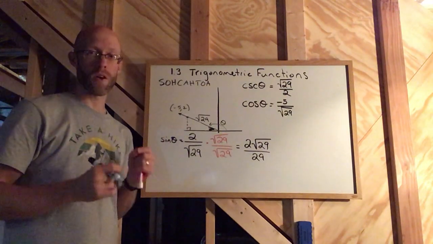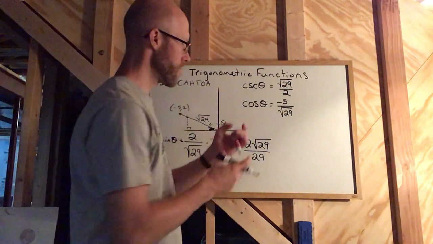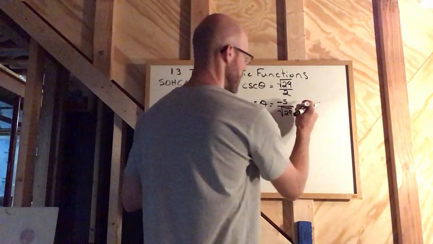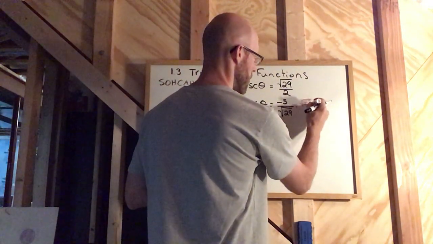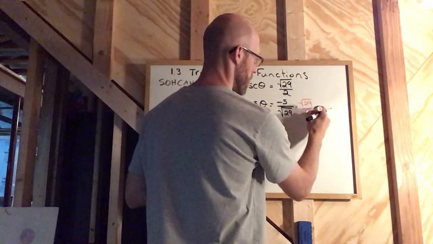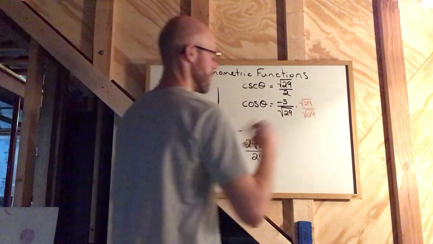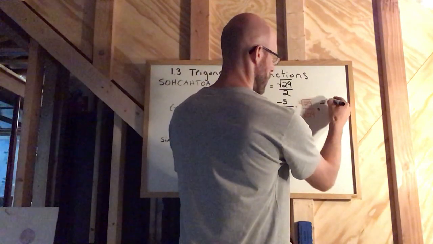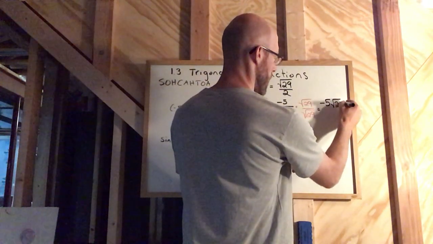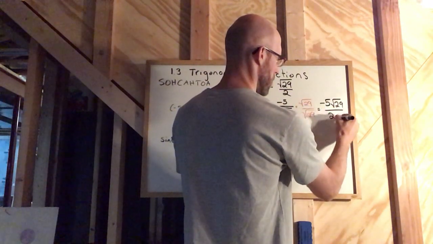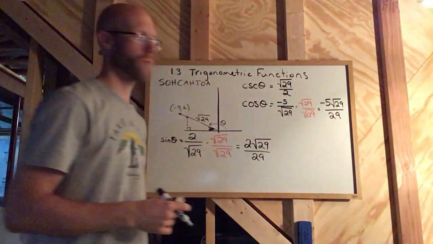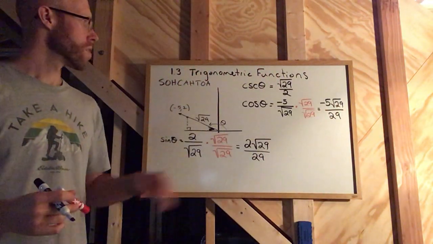And of course negatives are okay. And I need to rationalize that denominator, so again multiply by root 29. And we're going to get -5 root 29 all over 29. Okay. So that's the cosine.